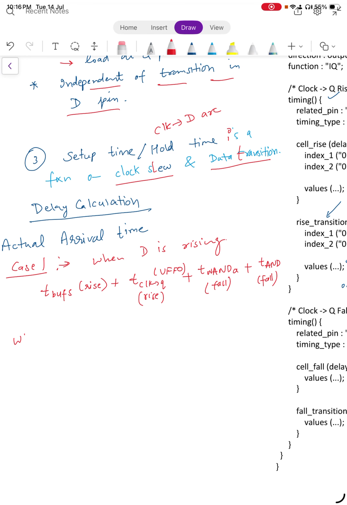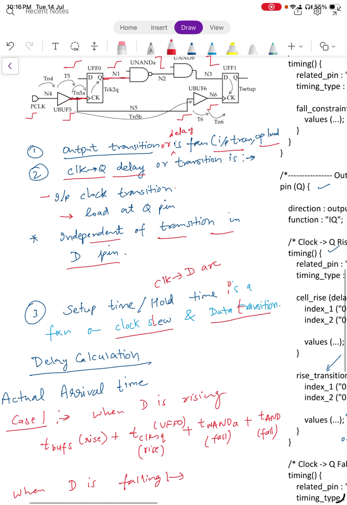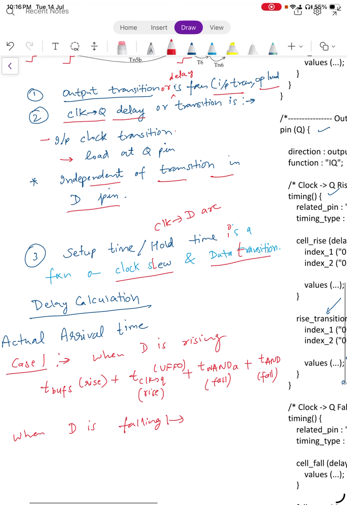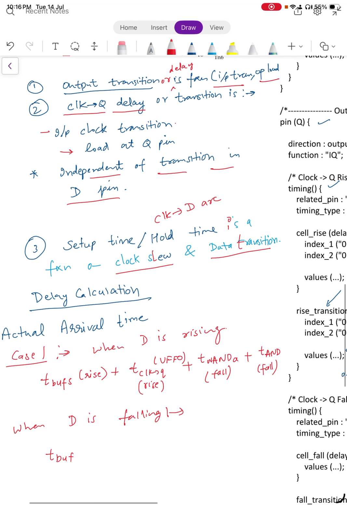Now when D is falling, how do we write the equations? When D is falling, T buff 5 is a rise delay.